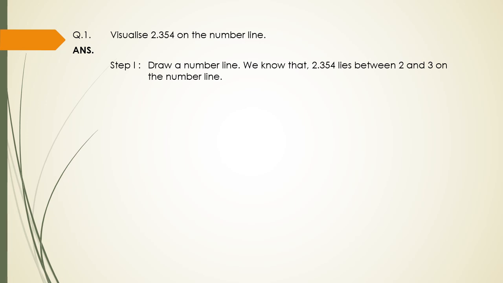We will draw the number line, and we know that this number 2.354 lies between the positive integers 2 and 3 on the number line, isn't it? Yes. 2.354 lies between 2 and 3. Here on the number line you can see I have located points 2 and 3. Why? Because our number 2.354 lies between 2 and 3.